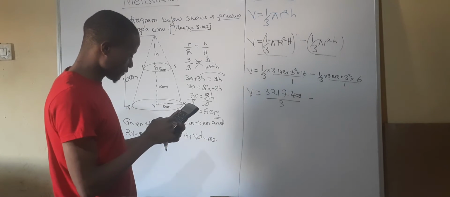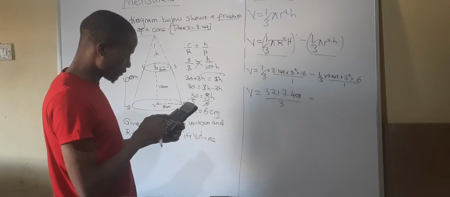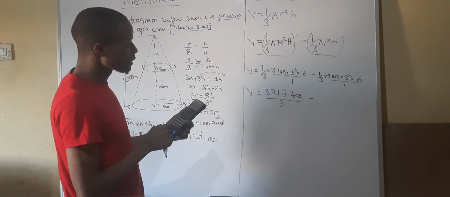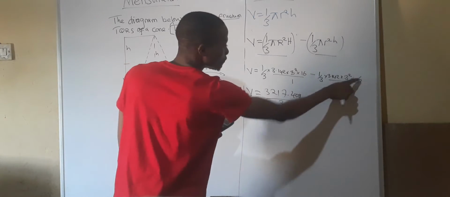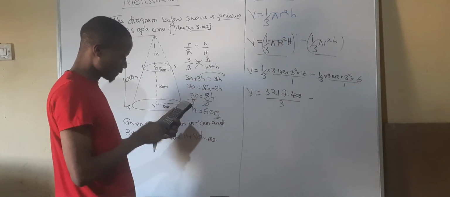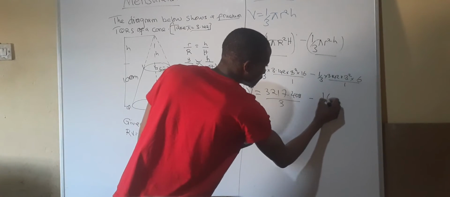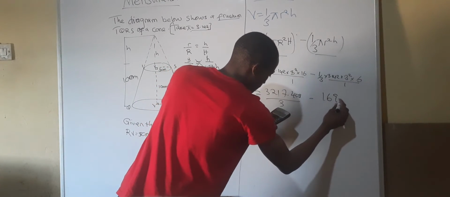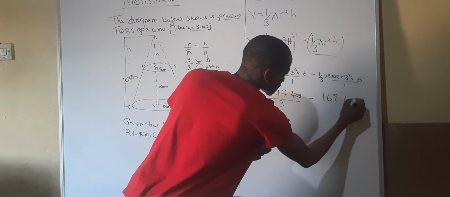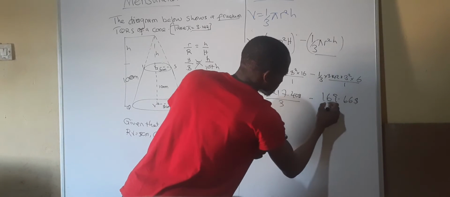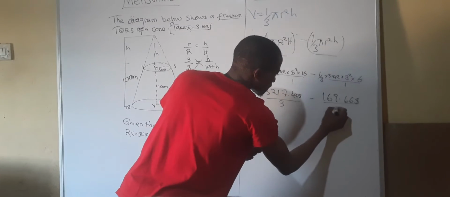So 1 times 3.142 times 9 times the height of the smaller cone, which is 6. So times 6 is giving us 169.668, when we divide by 3.